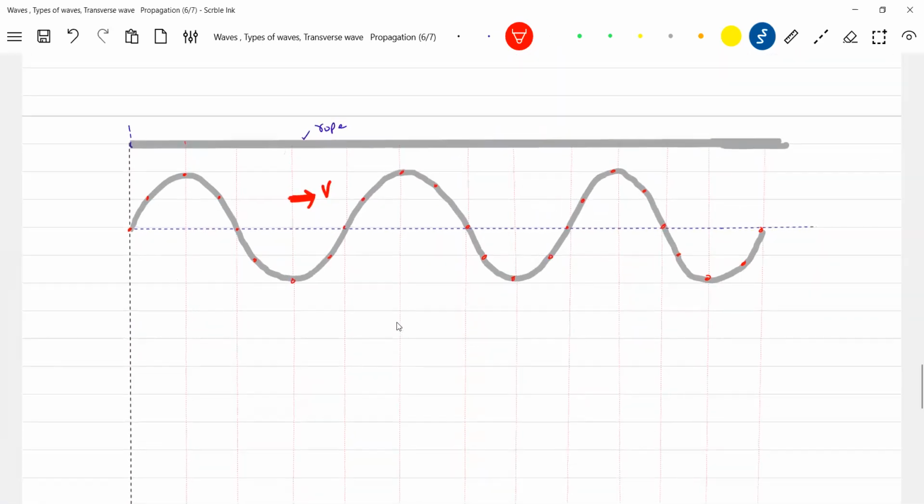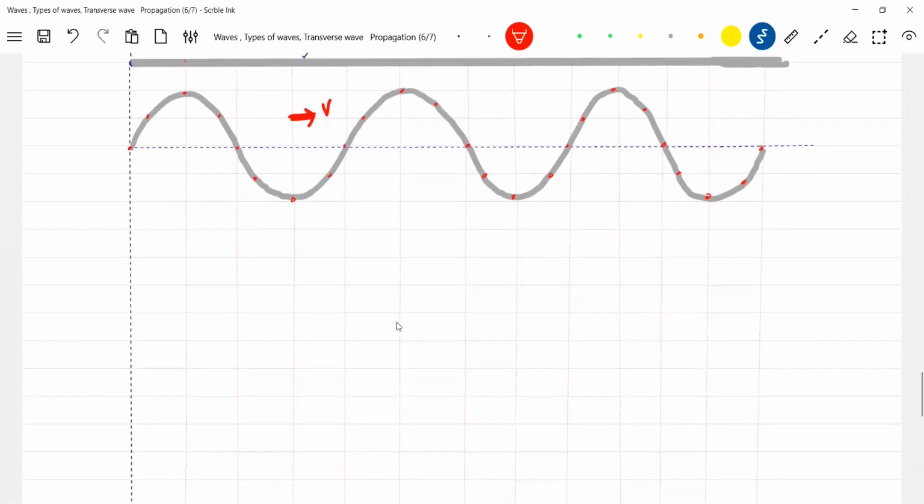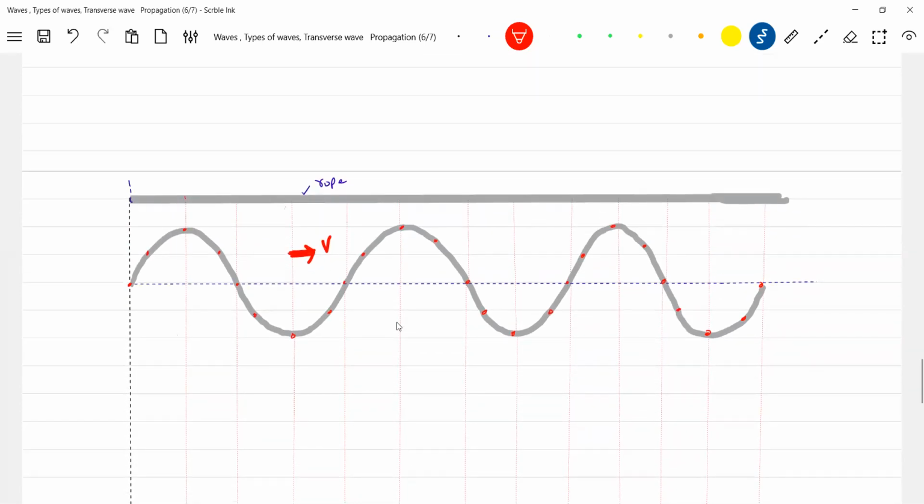I brought a magnified one. We have supporting equations. What are the supporting equations? At t equal to 0, this is the shape of the rope at t equals 0: y = A sin(kx - omega t).